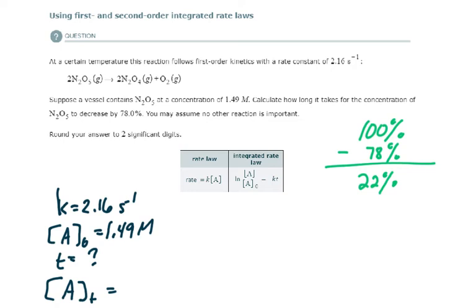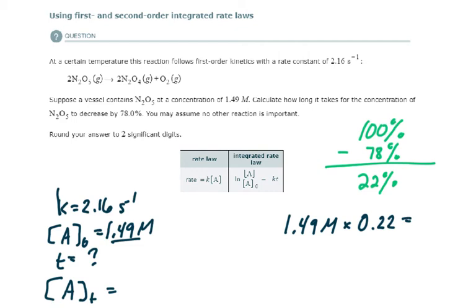So I take that concentration, 1.49 molar. How do I get 22% of that? Well, what's 22% as a decimal? 22% as a decimal is 0.22. Let's multiply this times 0.22.